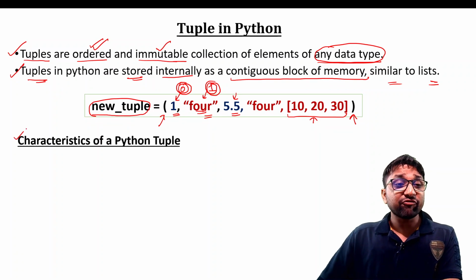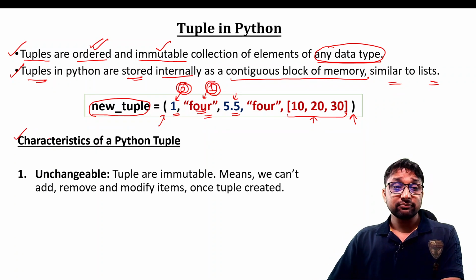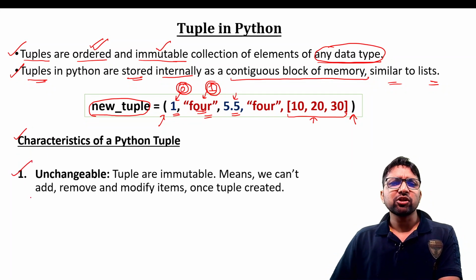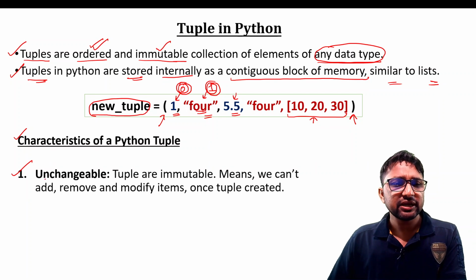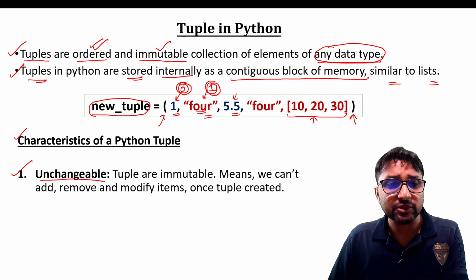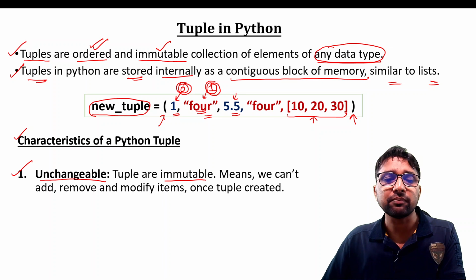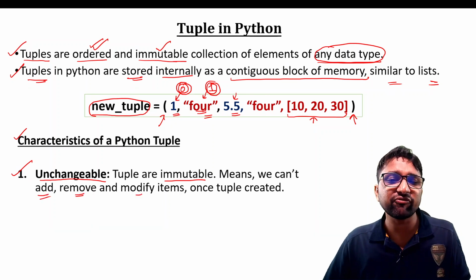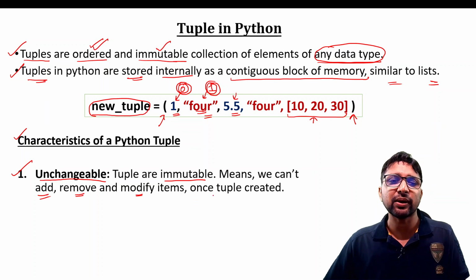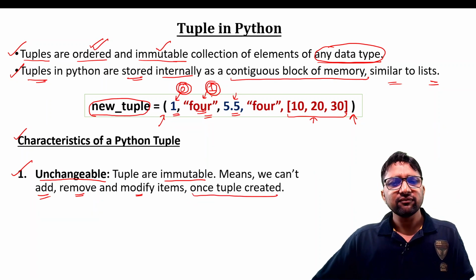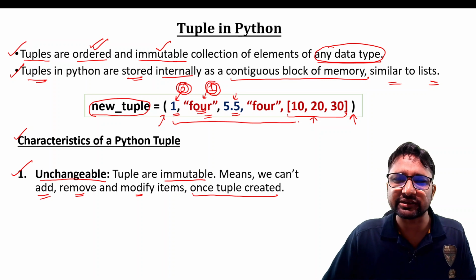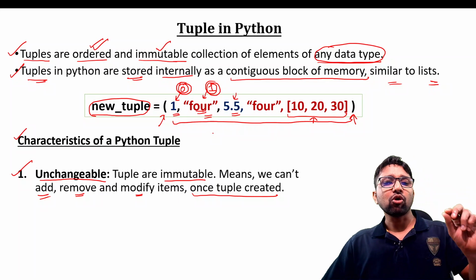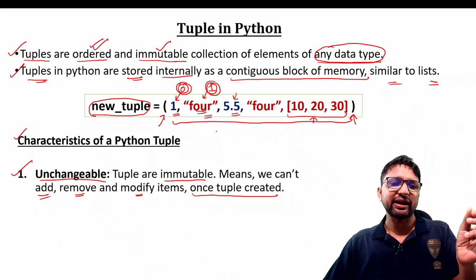Let's see now the different characteristics of the tuple data structure. These are important properties of the tuple data structure. First one is tuples are unchangeable, means they are immutable, means you cannot add, remove or modify the items inside the tuple once it is created. While creation, okay, you can insert the elements, but once it is created, you cannot add, remove or modify the item from the tuple directly.